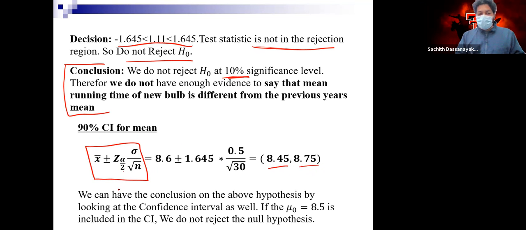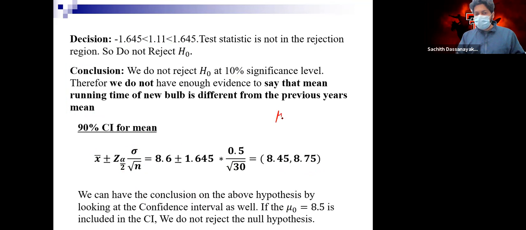What is your mu naught? Mu naught is 8.5. Once you check this interval, starting from 8.45 to here, this value is somewhere inside, so you do not reject.